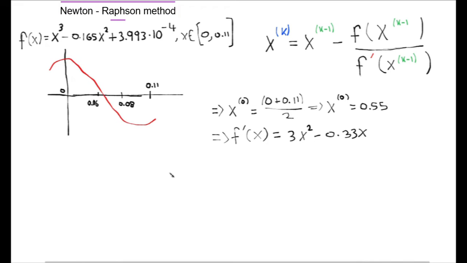Now that we have calculated the derivative, we can perform the first iteration to calculate the second approximation.